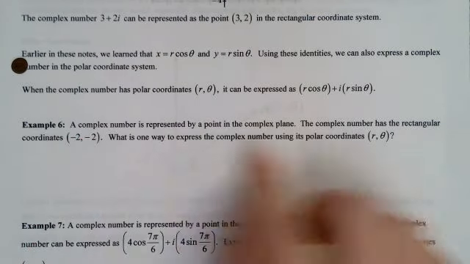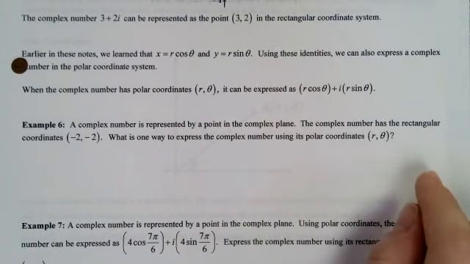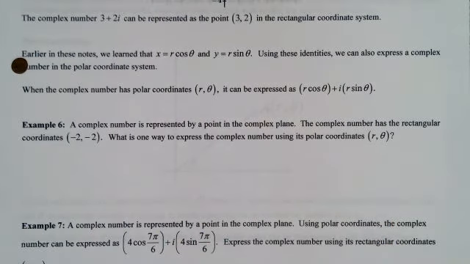However, this last little sentence is telling us that they want us to get there by first figuring out the polar coordinates, r, theta, and then getting our complex numbers. And I think, honestly, that's just to try to show us how everything ties together. But that's what we're going to do.